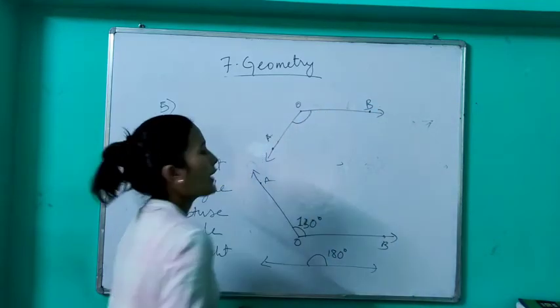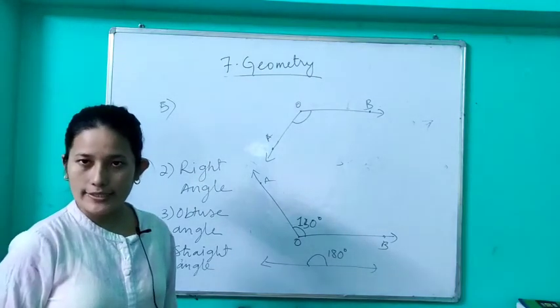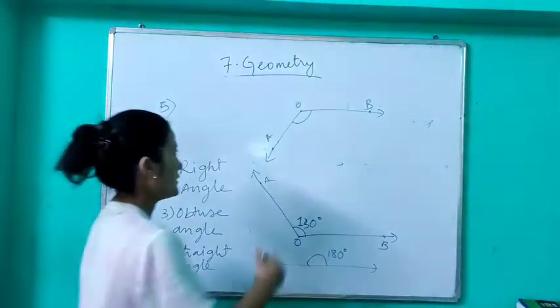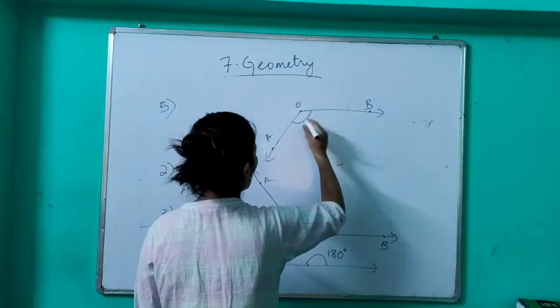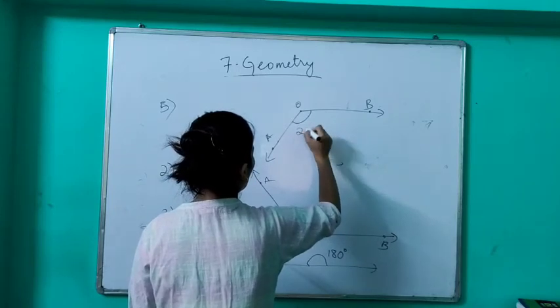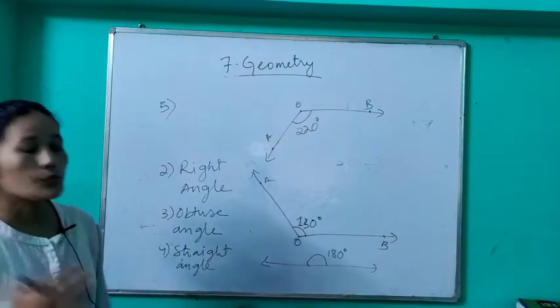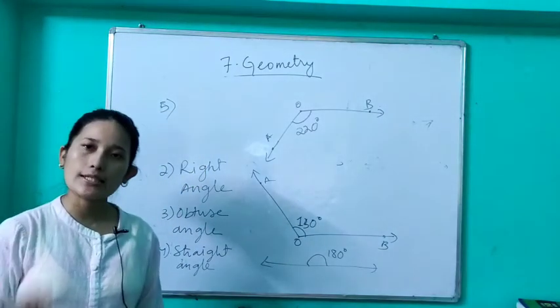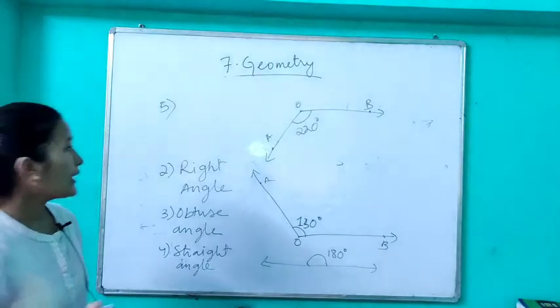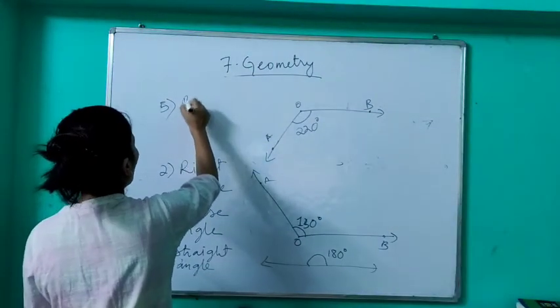If the measure of an angle is more than 180 degrees but less than 360 degrees, let this be around 220 degrees, just assuming it, okay? So if it is more than 180 degrees but less than 360 degrees, then you call it a reflex angle.